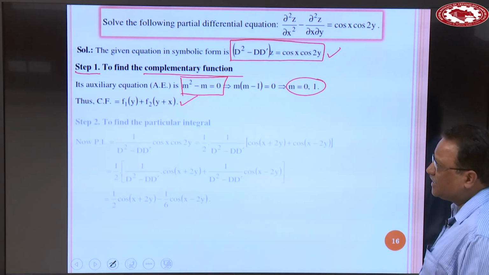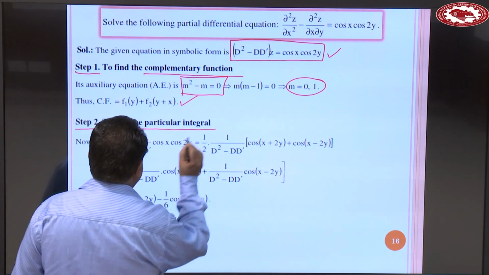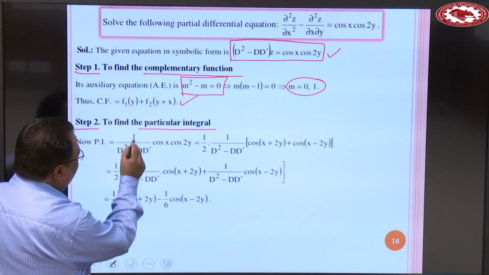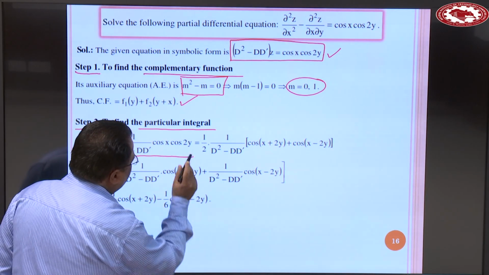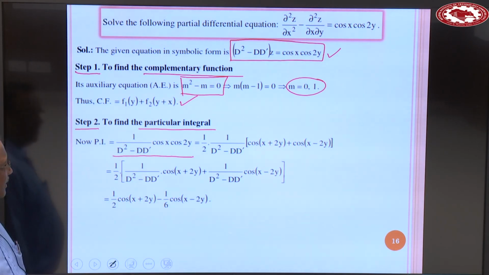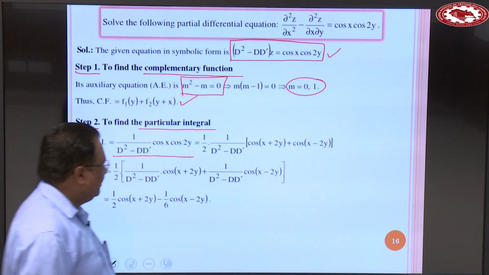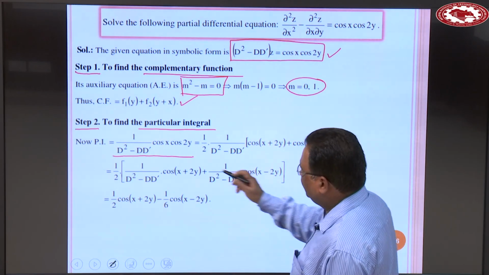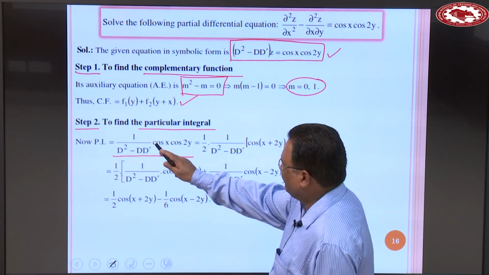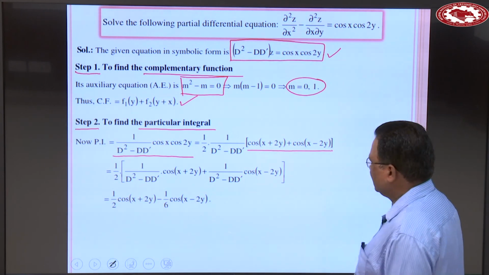Then calculate the particular integral. So step 2 is to find the particular integral. The particular integral can be written as 1 over D square minus D dash, cos x cos 2y. Now solve this component. Solve this whole expression. So we obtain 1 over 2, so multiply by 2, so 2 cos x cos 2y is cos of x plus 2y plus cos of x minus 2y.